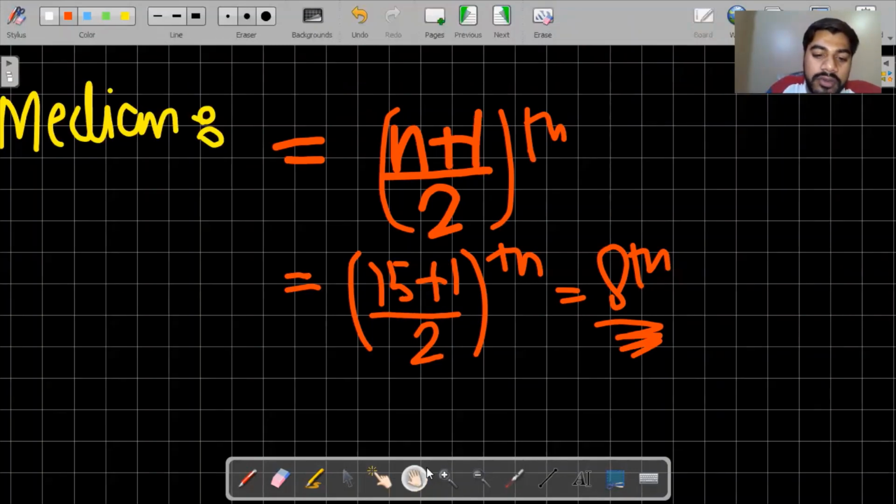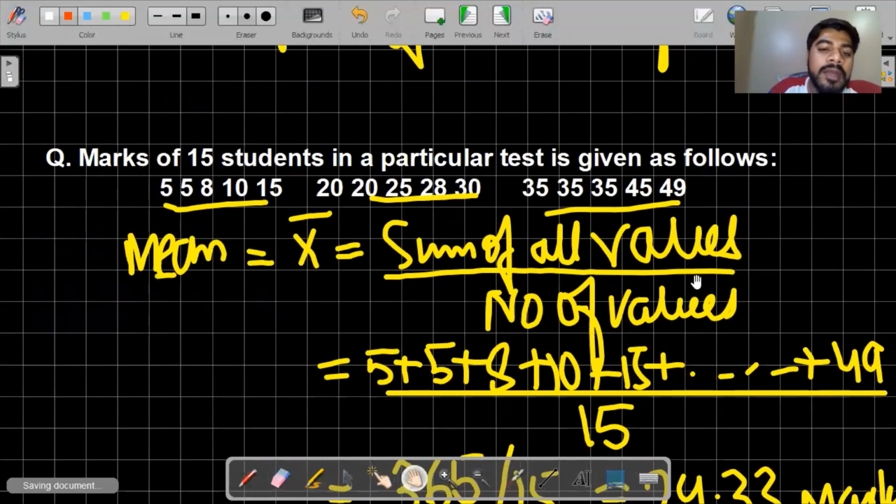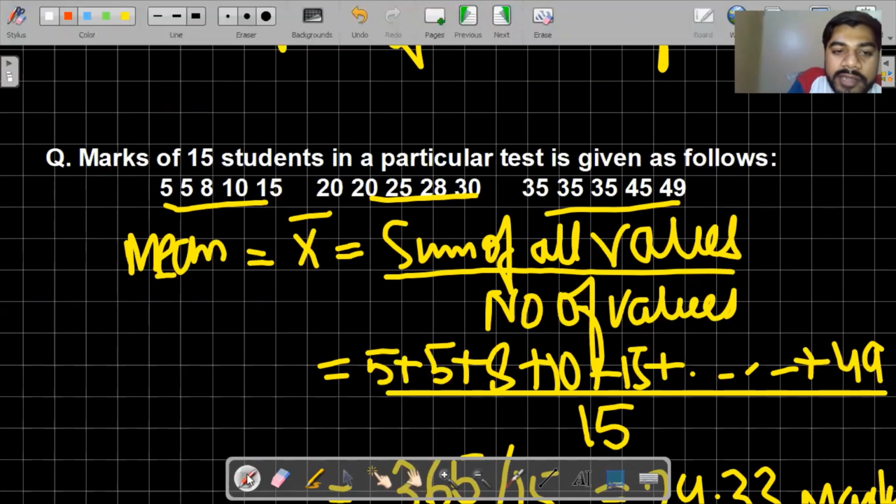So for now, you just pick that 8th value among the arranged data, because median refers to the central value. If there are 15 values, you shift half the values to one side and half to the other. The central part will be considered your median. As you can see, with 15 terms, 7 terms go on the left-hand side and 7 terms on the right-hand side.